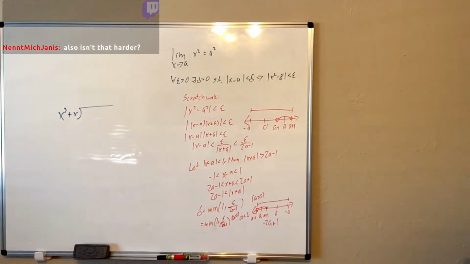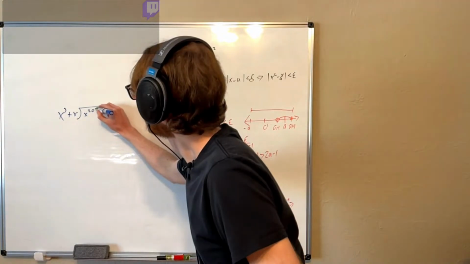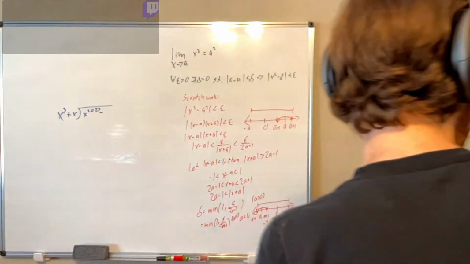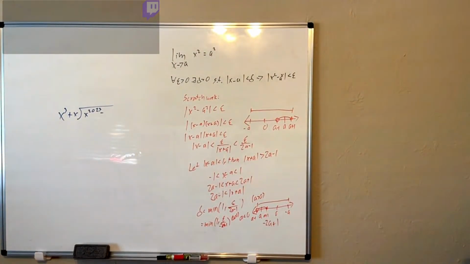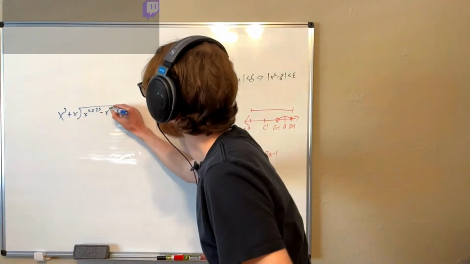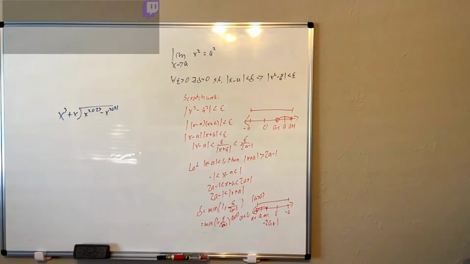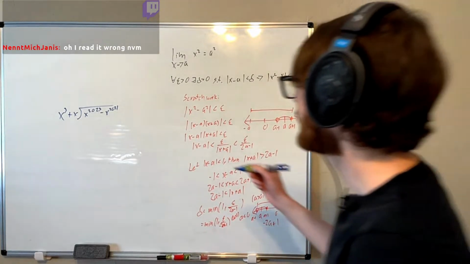So we have x cubed plus x. X to the 2023 minus, what was it? X to the 2021 plus 2x squared plus 5x minus 1.